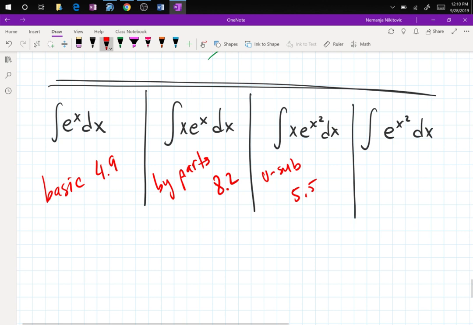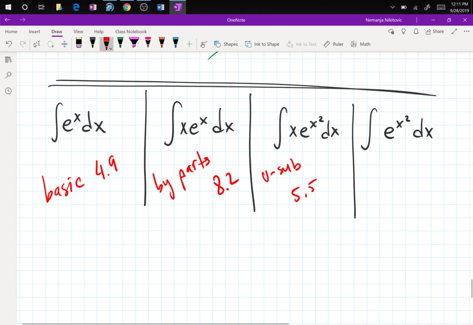How about the last one? You can't do that by parts? No. So that one is the one where you get to cry, right? There is nothing that works. You cannot integrate this.